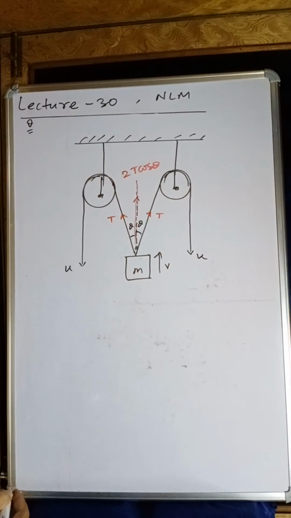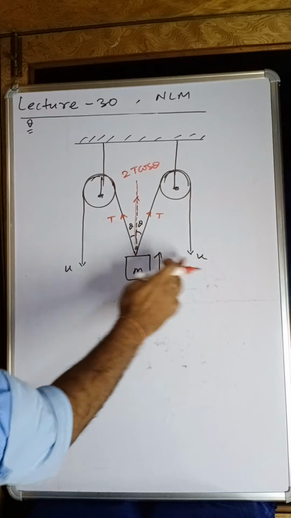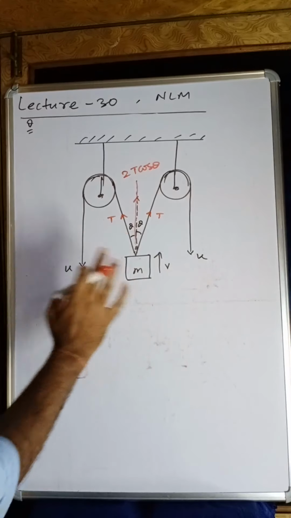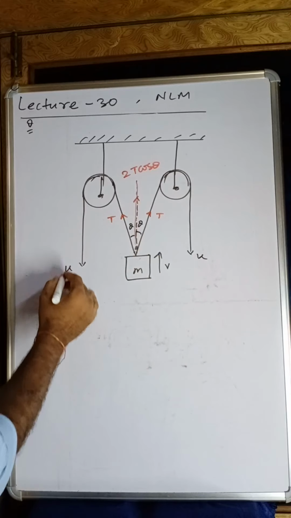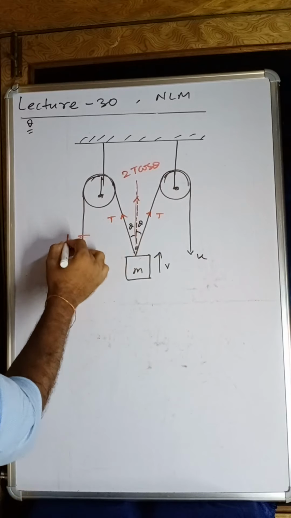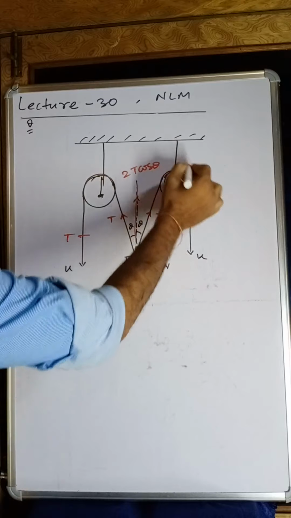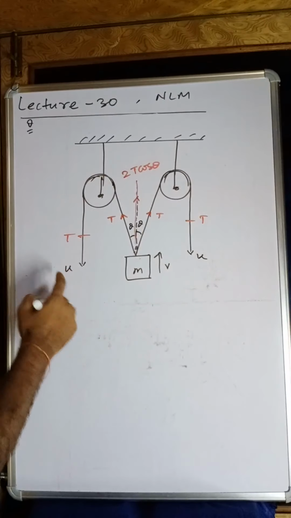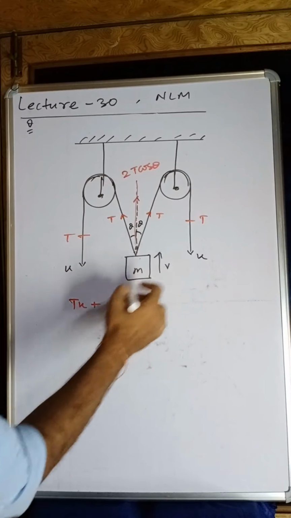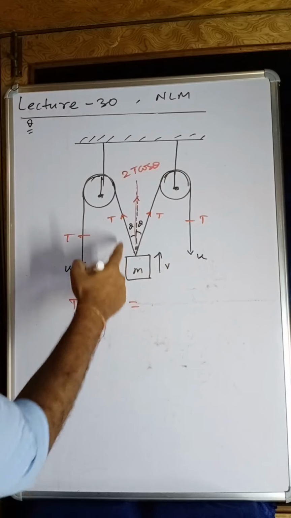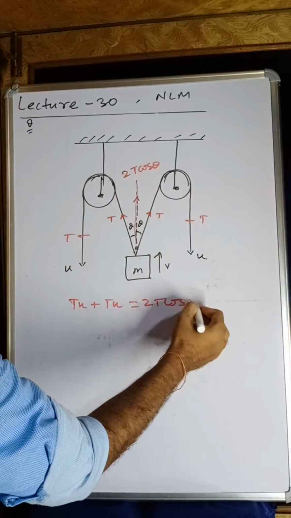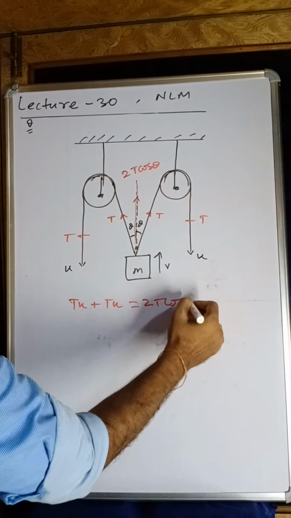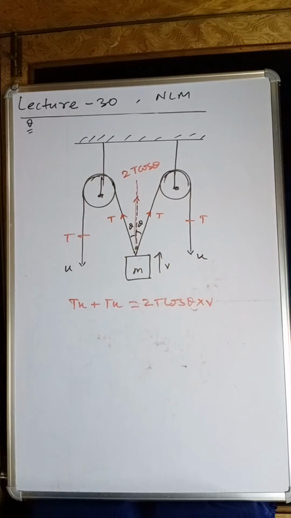So we'll use the concept of the virtual work method. The total work given by these two forces will be equal to the work done by these forces. Of course this is the tension T, and here also the tension T. So TU plus TU is equal to 2T cos theta into V. Now you got the answer.